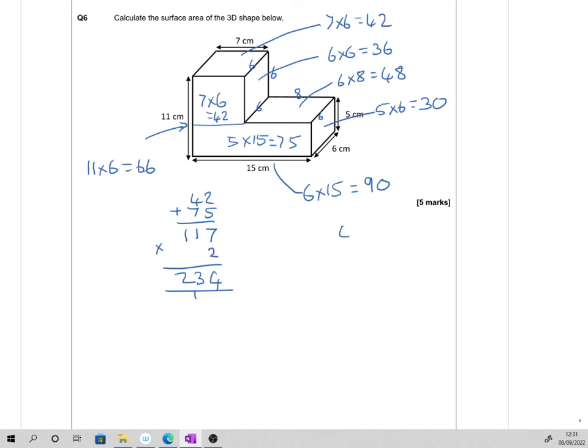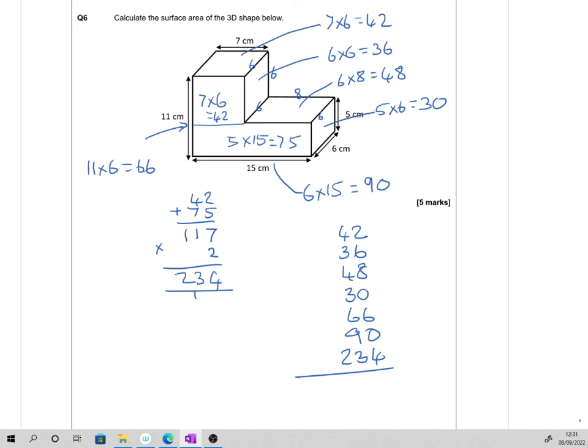So we've got 42, 36, 48, 30, 66, 90, and 234. All of those added together.